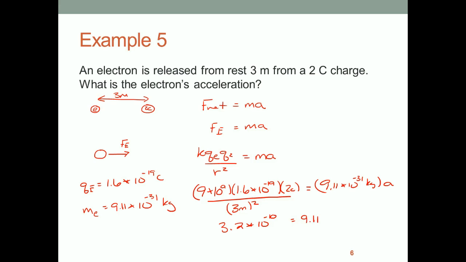That equals 9.11 times 10 to the minus 31 times the acceleration. So now to find the acceleration, I just take my 3.2 times 10 to the minus 10 and divide by 9.11 times 10 to the minus 31. That gives 3.5 times 10 to the 20th meters per second squared.